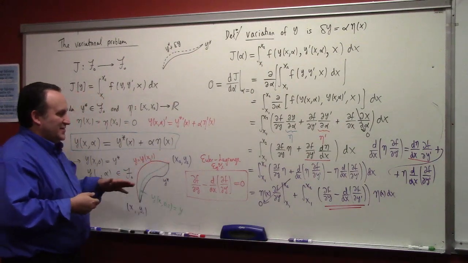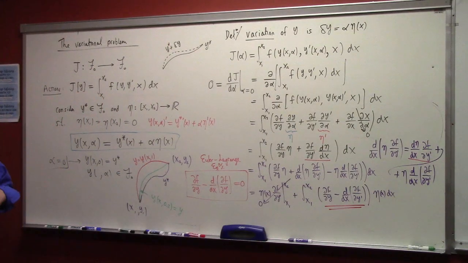So the reason it's called the Euler Lagrange equation is because both Euler and Lagrange derived these.